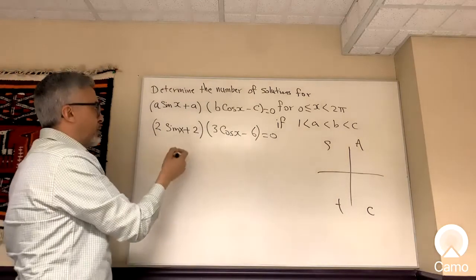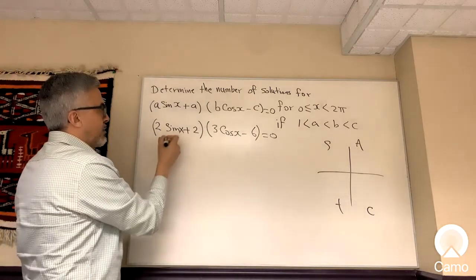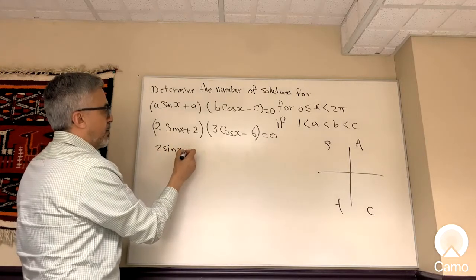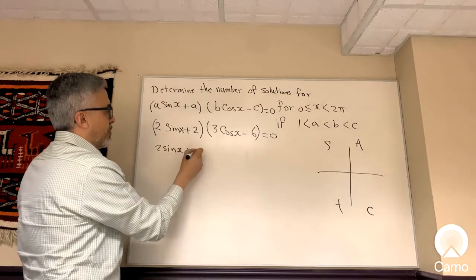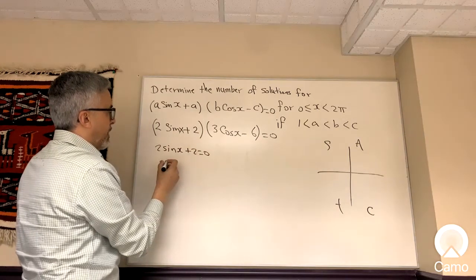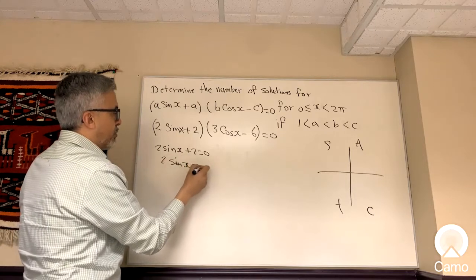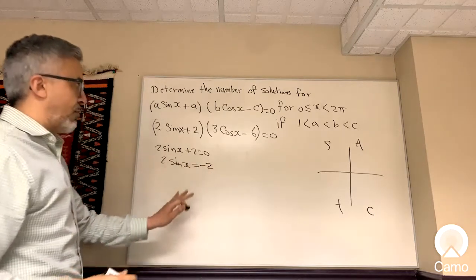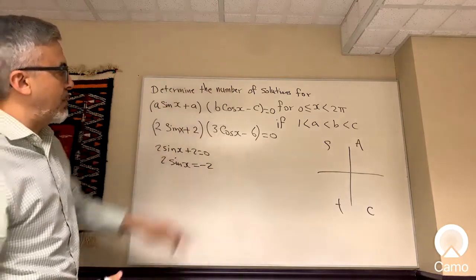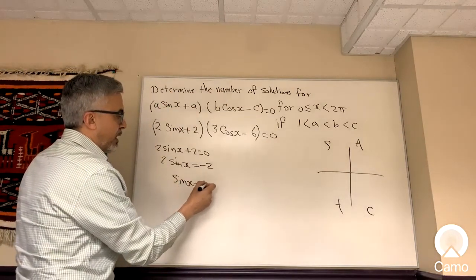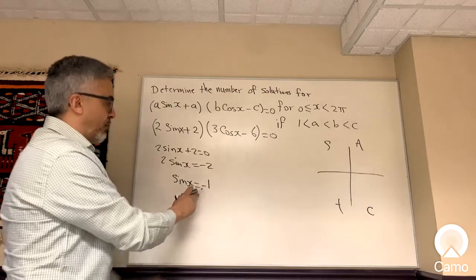And now what you're supposed to do here is solve for x. So 2 sine x plus 2 equals 0, and 2 sine x equals -2. As a matter of fact, you don't have to solve for x. They're just asking you to determine the number of solutions. So here sine x would equal -1. Leave this alone for now.